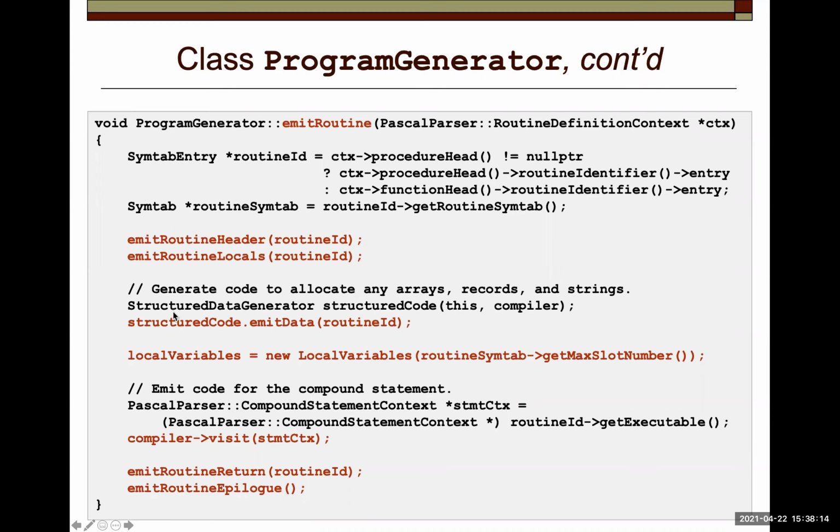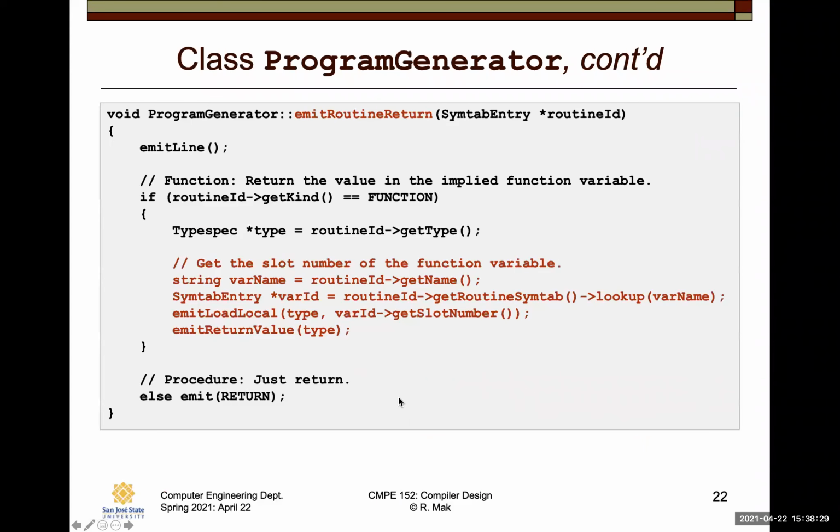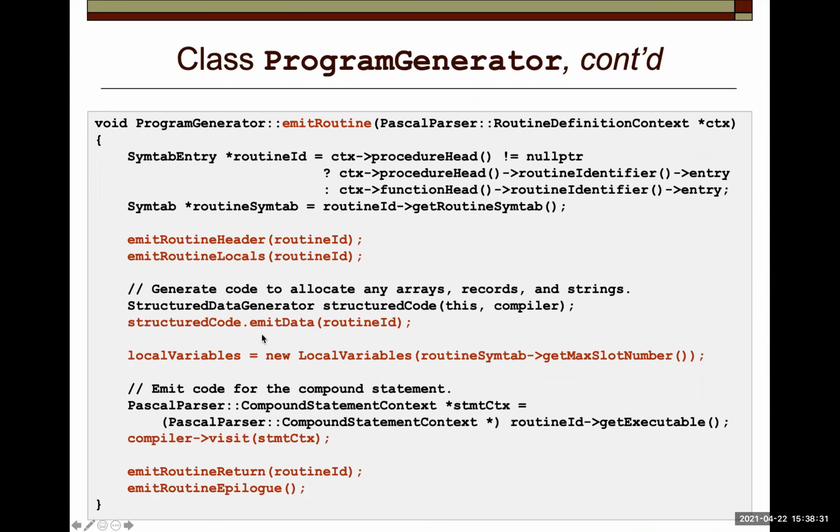If there are any local arrays or records, then I have to emit code that will allocate memory. That's what's going on here. And here I'm creating a new local variables object. Now I'm going to visit the statement, the body of the procedure or function.